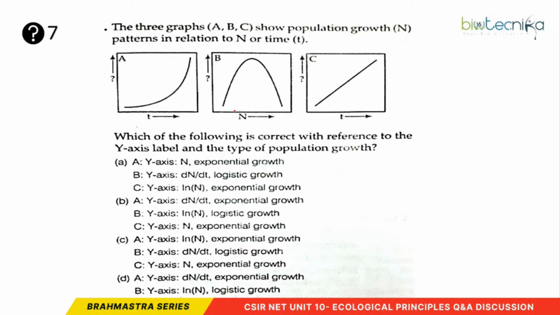Logistic growth, exponential growth. Can you recollect? I even shared those graphs with you. So let's see who can give me the correct answer. Anyone who gives me the correct answer?